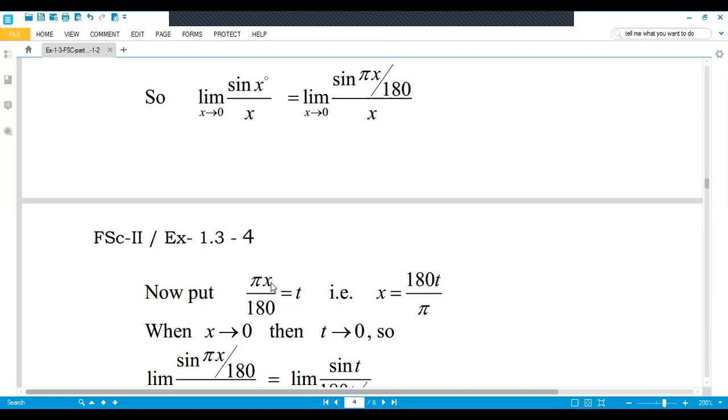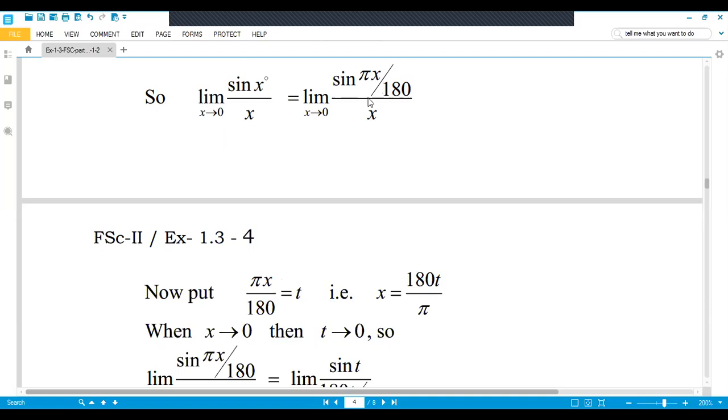From this we find the value of x. 180 divided here, shifted to the other side, is 180 t, and pi multiplied with x shifted to the other side is divided, so x is 180 t by pi. This is the value of x. We have given x approaches 0, so when we put x equal to 0 here, 0 multiplied by pi is 0, 0 divided by 180 is 0. So t is also equal to 0.